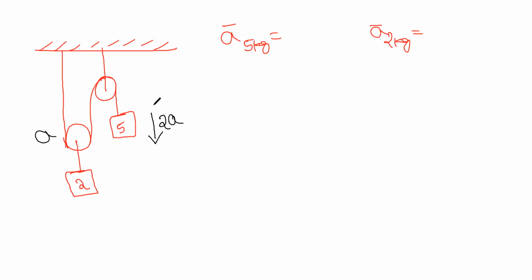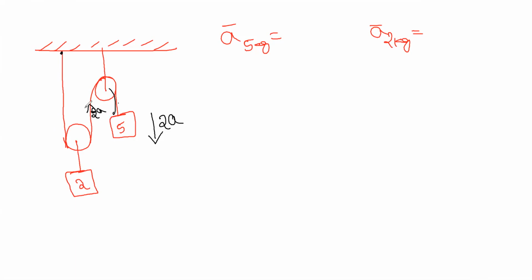Otherwise, you can calculate by using that average acceleration formula that I told before. If this is 2A, this is also 2A. On the right side, what is the acceleration? It's 4A. So here we know this acceleration is 2A.